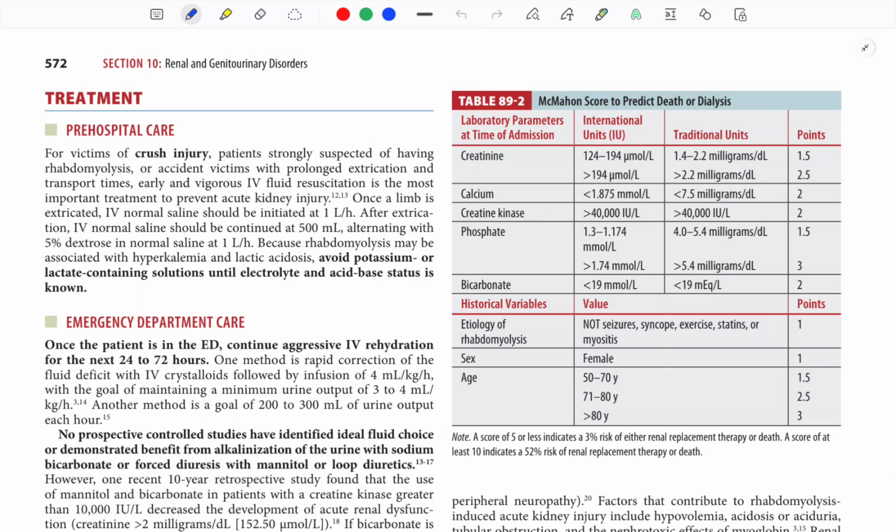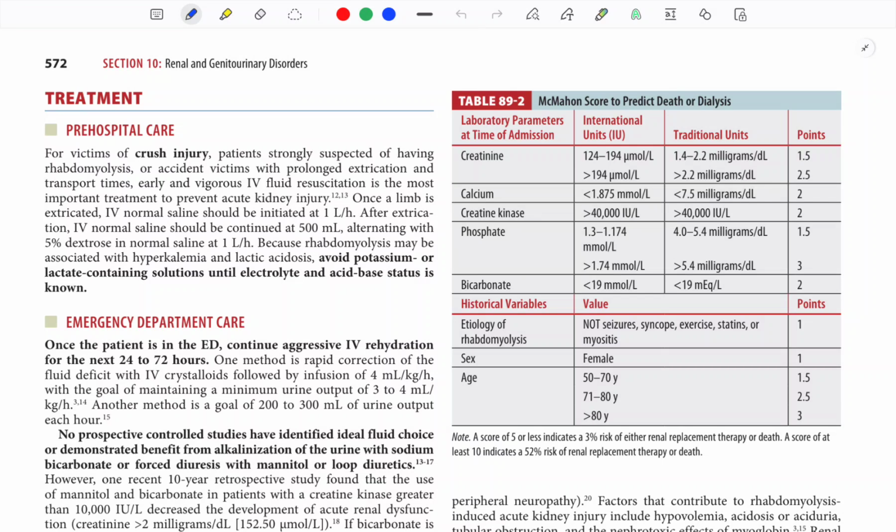No lactated Ringer's, no potassium-containing fluids, nothing, because already the electrolytes, potassium, lactate, everything is so high already in the body. So we will not supplement any electrolytes. We will just give plain NS so that it gets flushed out. And after that, we will continue 500 ml per hour.